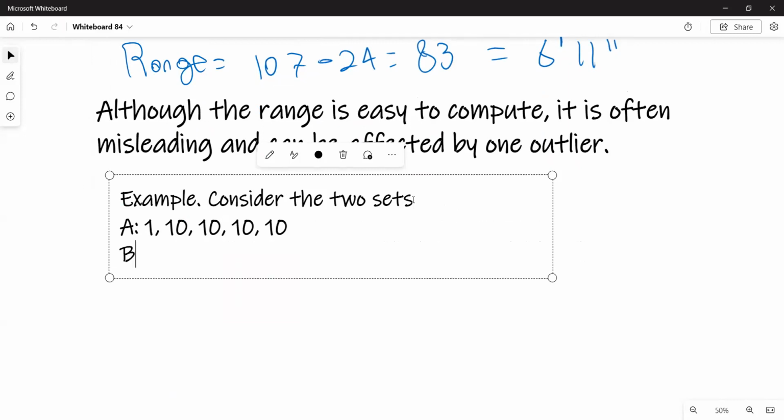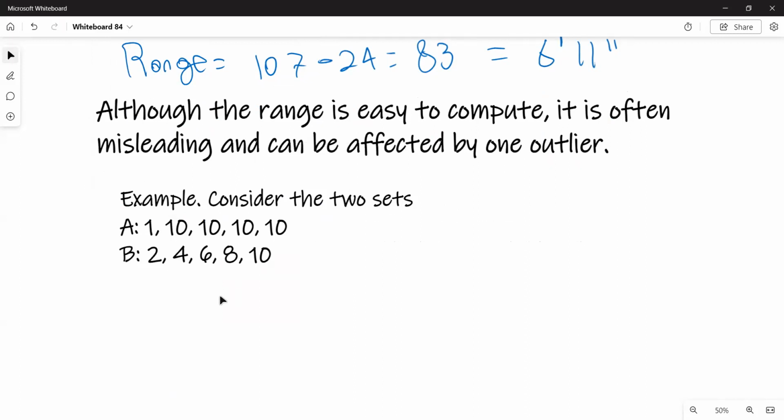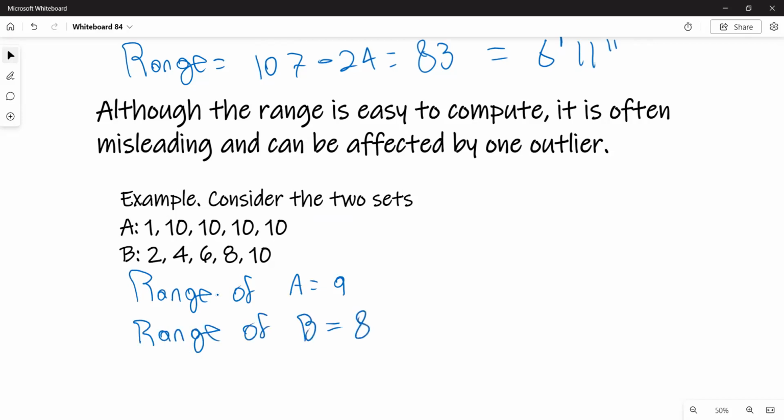And set B has values 2, 4, 6, 8, and 10. The range of A is 9, and the range of B is 8. So set A has a larger range than set B, but the values in B are more spread out.